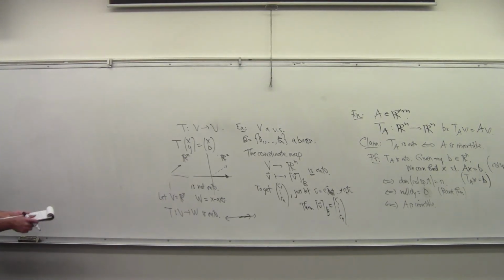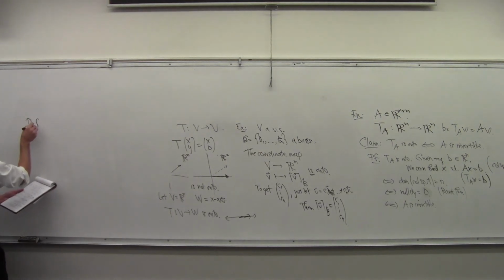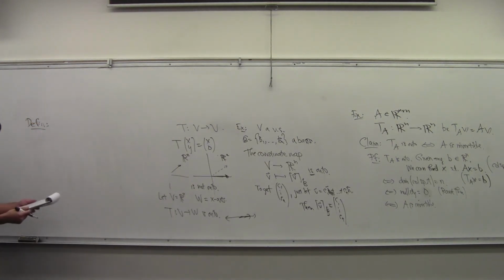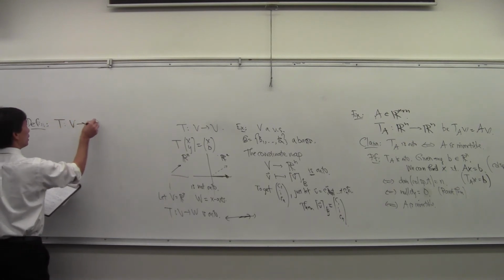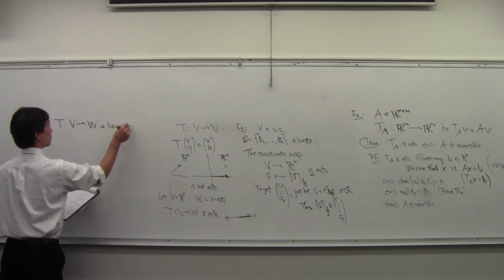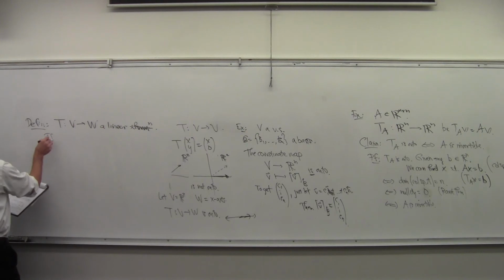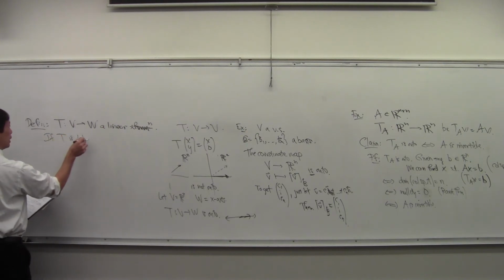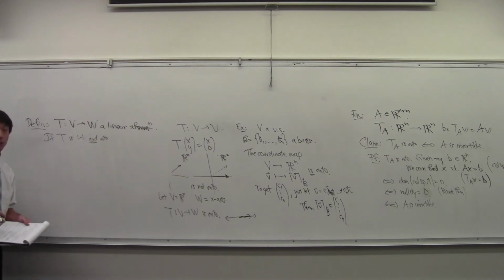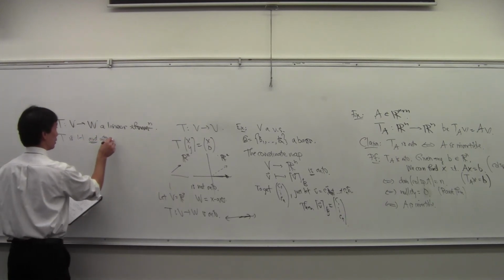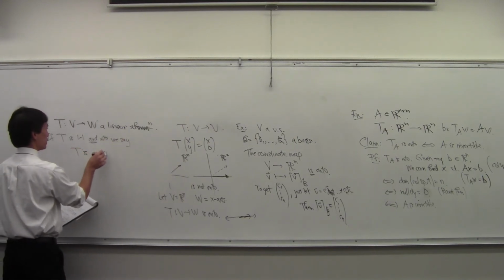Okay. Let me just introduce one last idea, and that is what happens when you put these two things together. So if you have T, a linear transformation, and T is 1-to-1 and onto, if it's both 1-to-1 and onto, we say that T is an isomorphism.